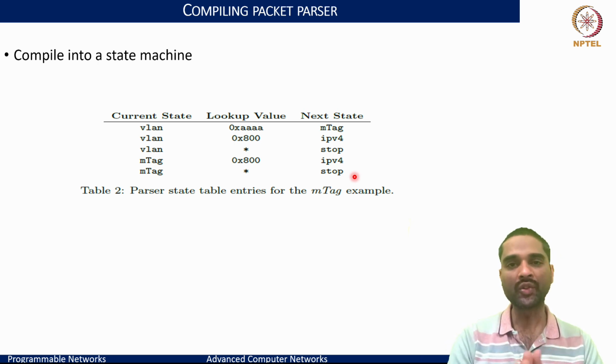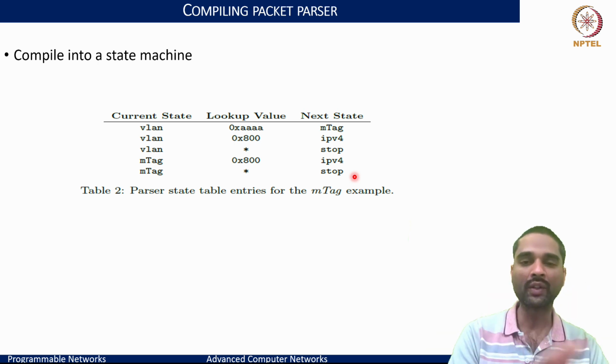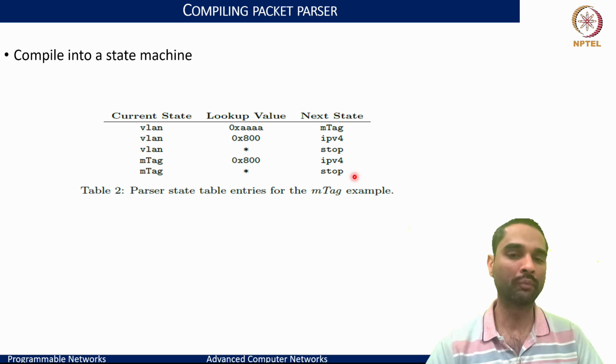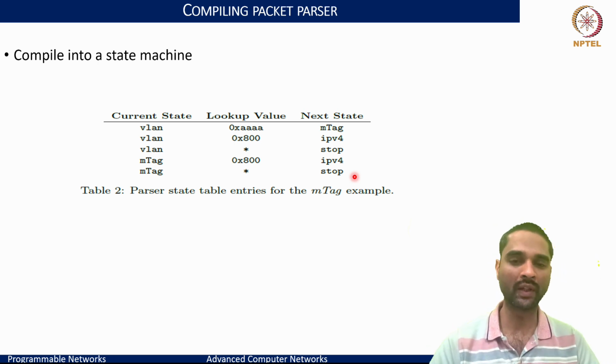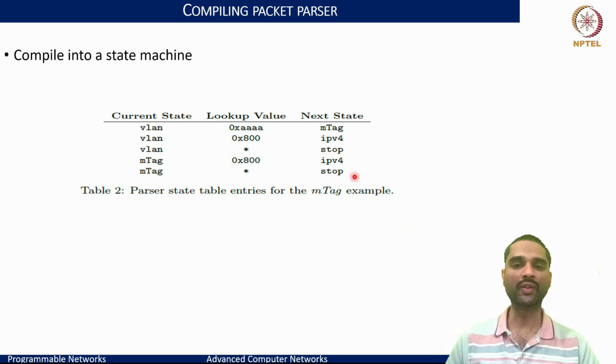And this is how our packet parser, once we compile, has this set of possible states, basically the set of expected values that we can match and try to do the processing.